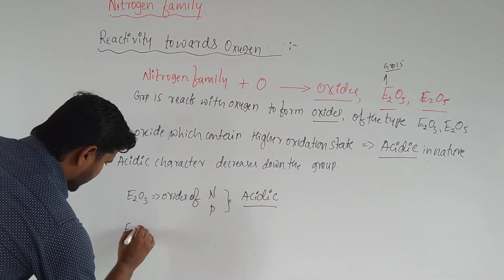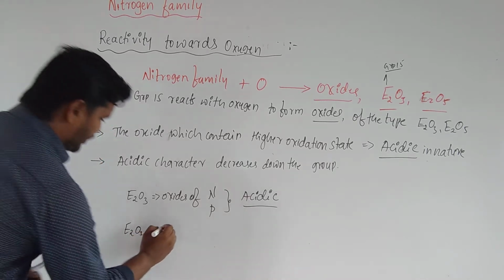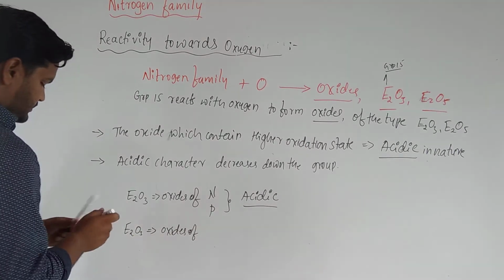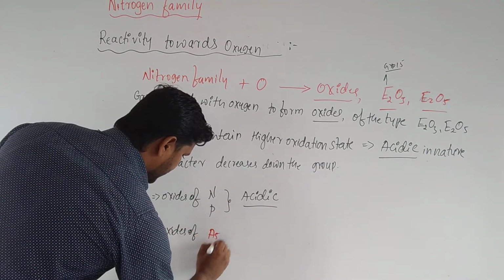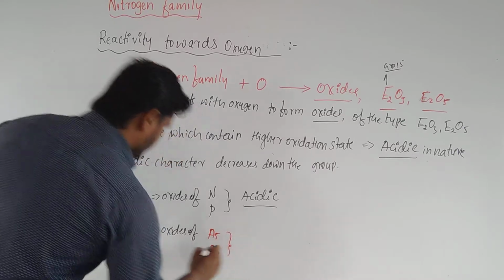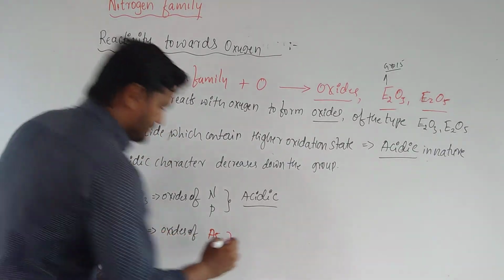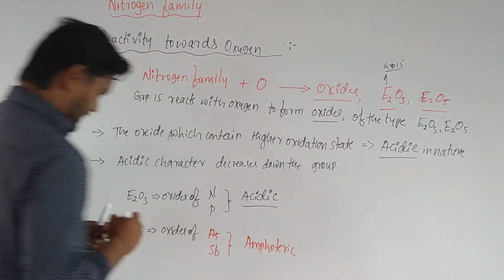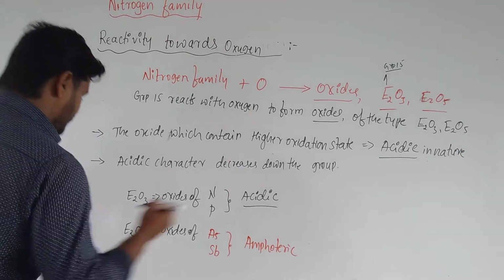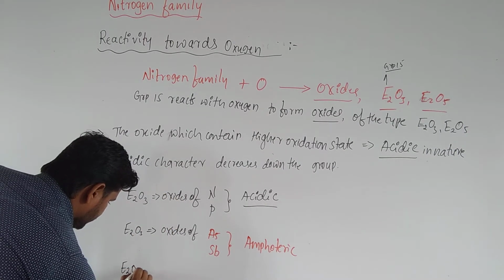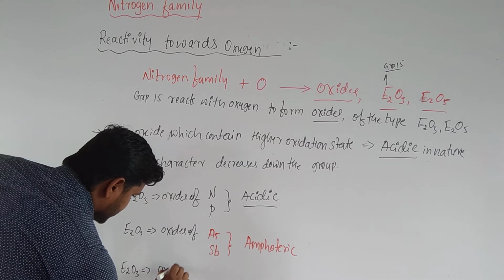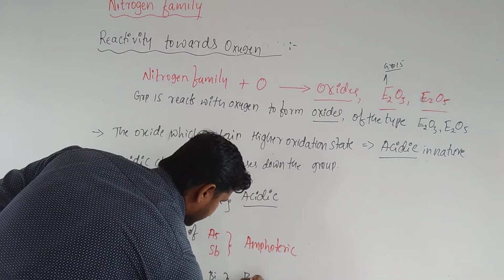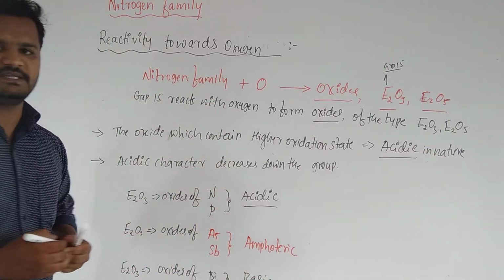Here E is nitrogen or phosphorus. The E2O3 oxides of arsenic and antimony are amphoteric in nature. And last one, the E2O3 oxide of bismuth is basic in nature.